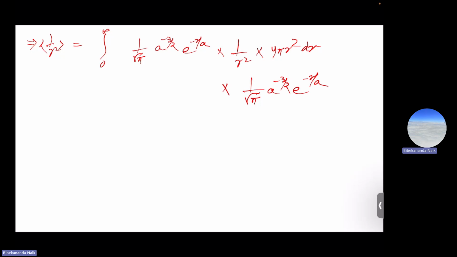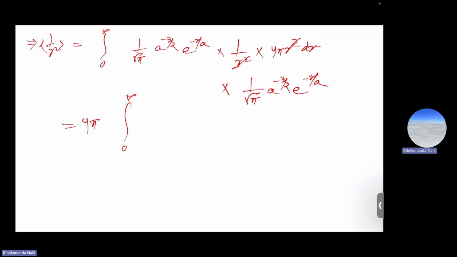Here r square gets cancelled out, 4 pi will be coming outside, then 0 to infinity. Since there is no imaginary part of the wave function, both the wave function and the complex conjugate are the same.